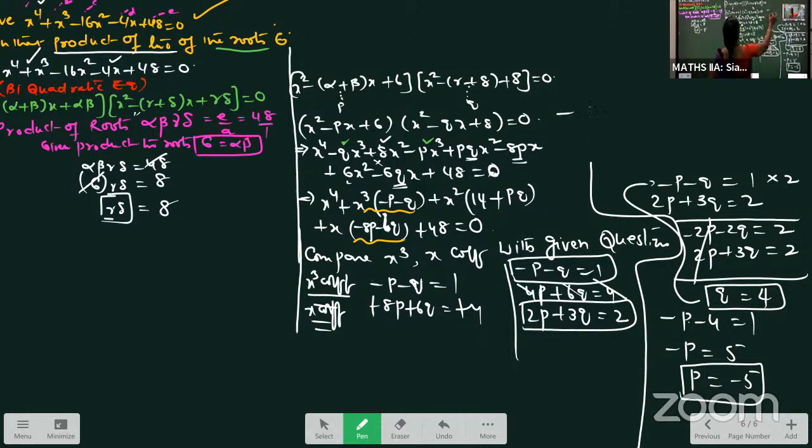Name this part as Roman number 1. Substitute there, then you will get 2 factors for this.